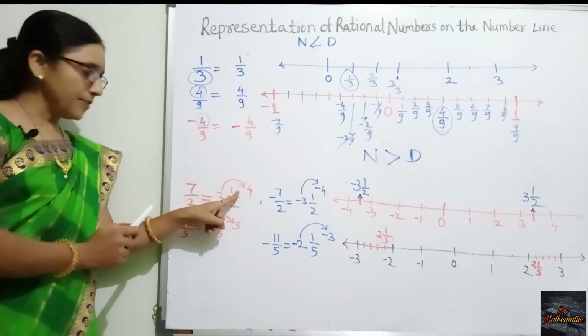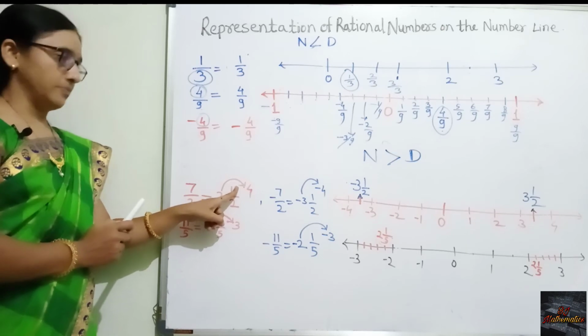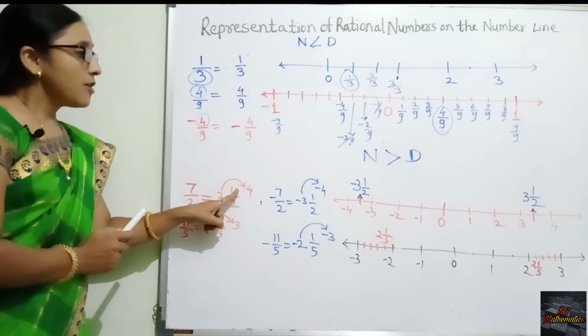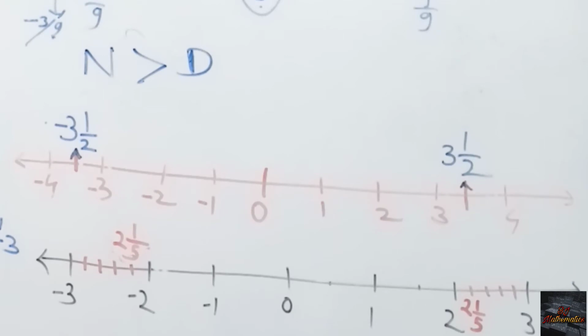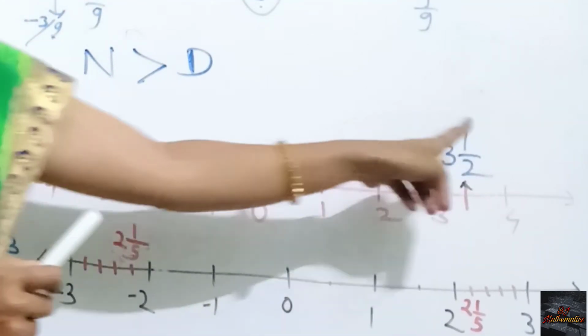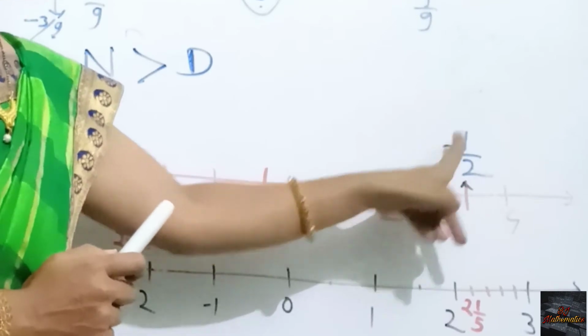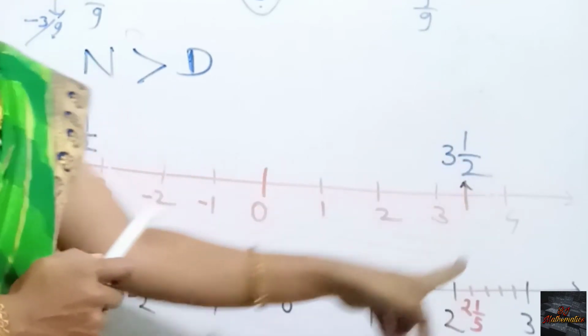Now, the numerator. After converting into a mixed fraction, see here, the numerator is 1. It means the first marking after 3 is our 3 integer 1 by 2. First marking after 3 is 3 integer 1 by 2.